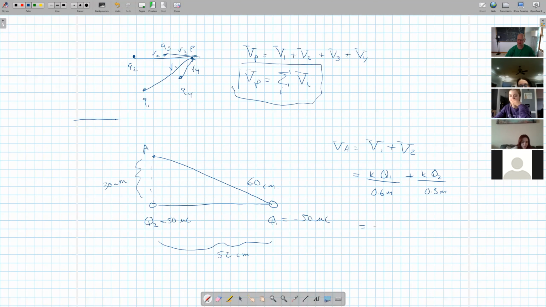So it's going to be the same thing as minus 9 times 10 to the 9th times 50 microcoulombs divided by 0.6 plus 9 times 10 to the 9th times 50 microcoulombs divided by 0.3.